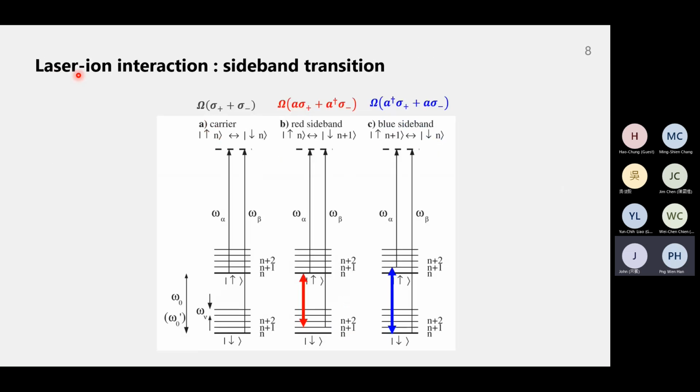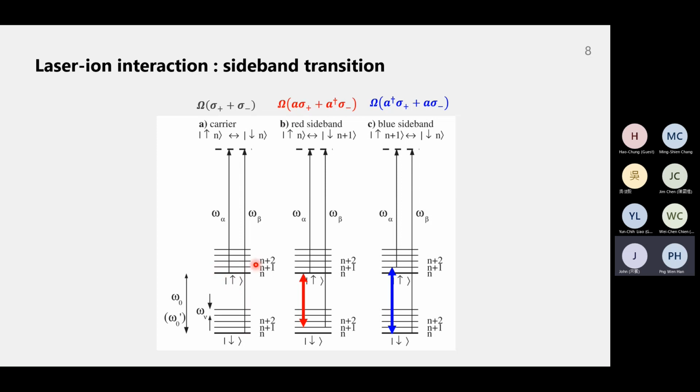Yeah, this one. So this energy level here, each energy level means a different number of n. Like I said, you will have the tensor product between the qubit levels and the motional levels.